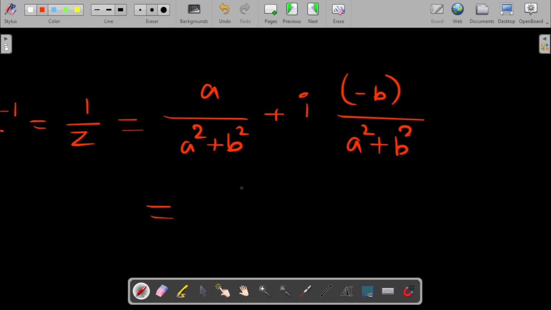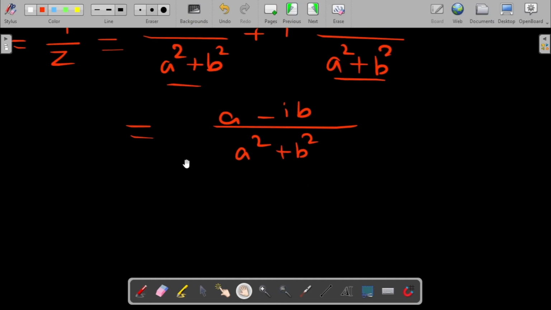Here the denominators are the same, so we add the numerators: a minus ib divided by a square plus b square.